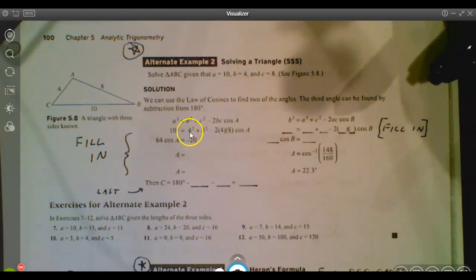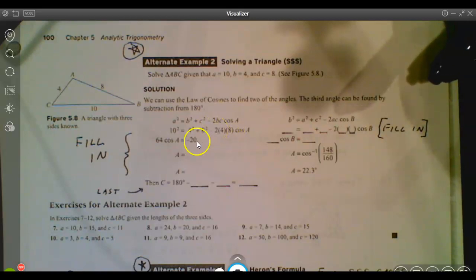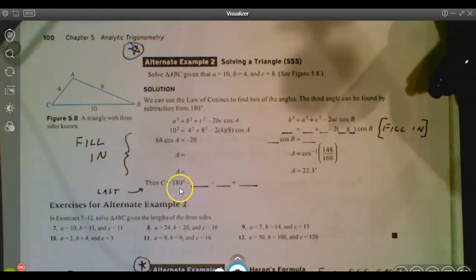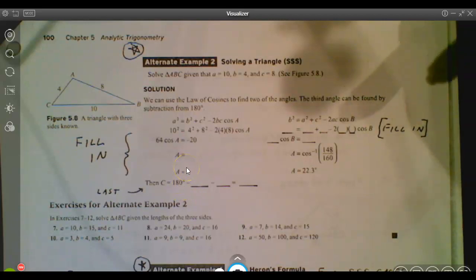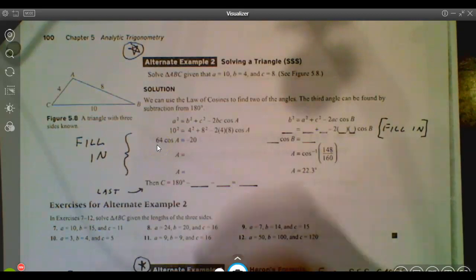So they took this information and subtracted it over to the other side. They cleaned up this to become 64. To finish this one off, they did this in pieces. I think I would have done it in one big step like I did in the last problem, but that's okay. If I was going to go their route, I need to divide that 64 over.